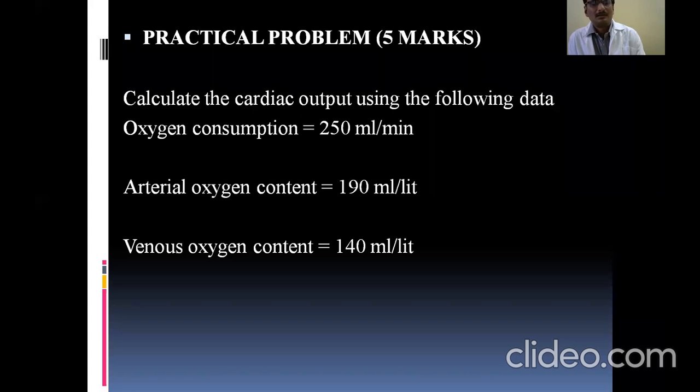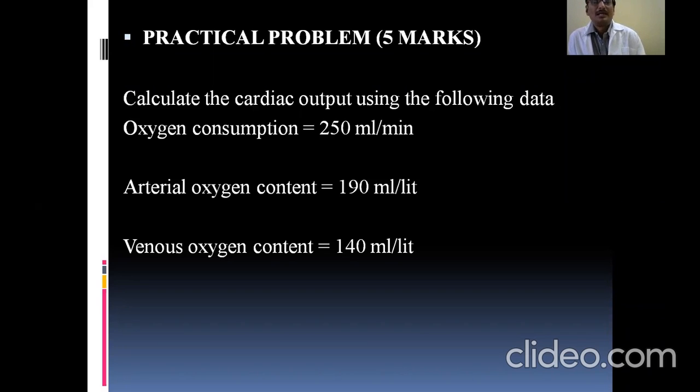We can draw the blood and analyze it through blood gas analyzers; there are many methods. The oldest method was the Van Slyke apparatus. By using those instruments, we can calculate the content of oxygen in the arterial blood as well as venous blood. So using this data, we need to calculate the cardiac output.